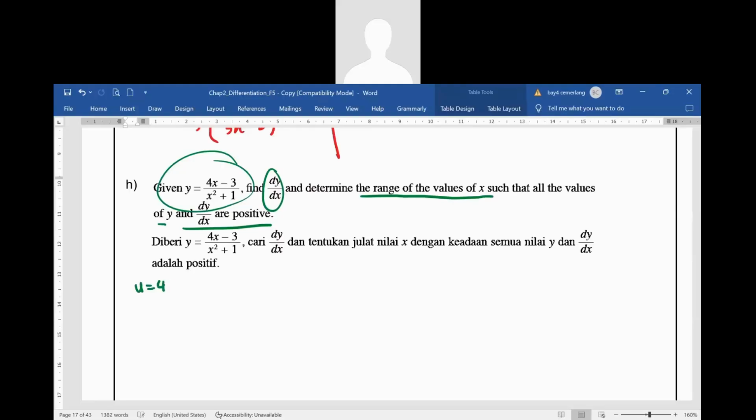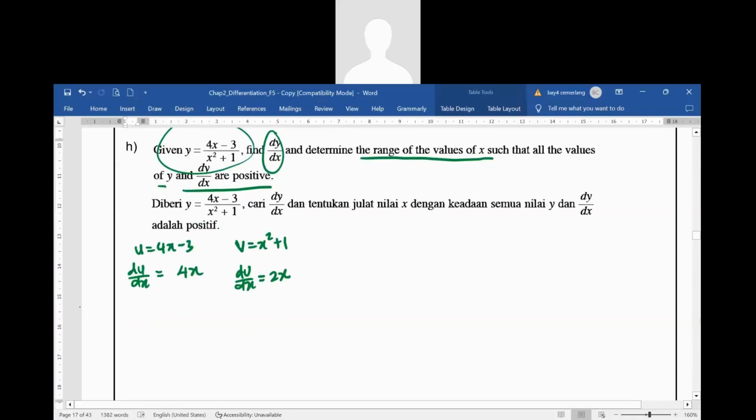So let u equal 4x minus 3. So du/dx, or you can write u prime, is 4. And v is equal to x squared plus 1, then dv/dx is equal to 2x. And then do your quotient rule.